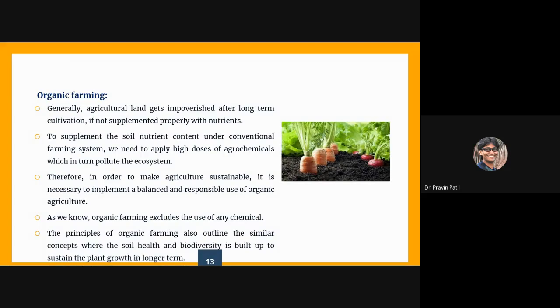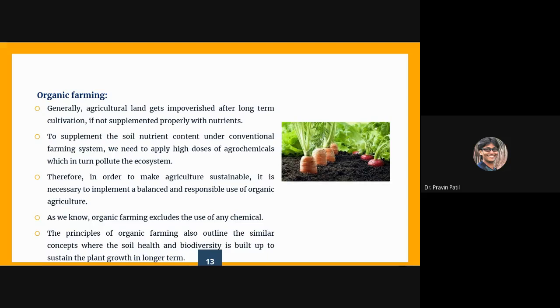Recently, in the last decade, we are hearing this term, organic farming. Actually, organic farming is not new. This is actually what we used to do, which we have lost in the process. Earlier, if you could recollect, in our childhood, I am from a farmer background, so I am aware of this, when I was a child, we used cow dung and everything as a fertilizer for the crop.